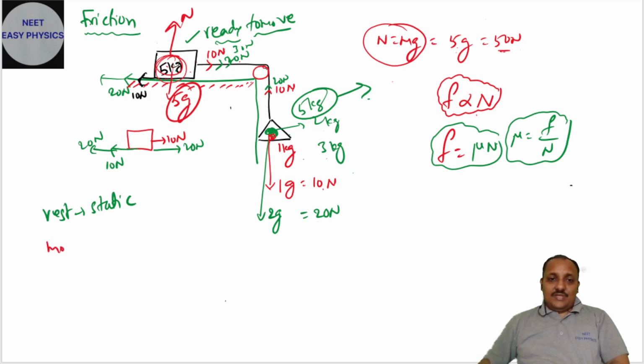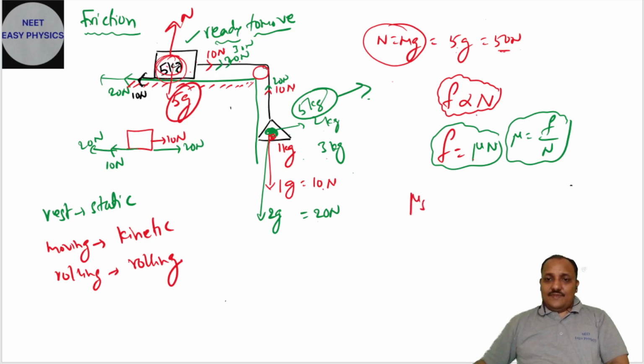Whenever the object is moving or sliding, it is called kinetic friction. Whenever the object is rolling, we call it rolling friction. Therefore, we will have 3 types of coefficients of friction: mu s, mu k, mu r. So which is highest among these?